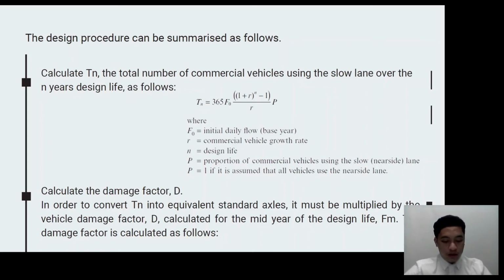Calculate the total number of commercial vehicles using the slow lane over the N years design life. Calculate the damage factors D. In order to convert TN into equivalent standard axles, it must be multiplied by the vehicle damage factors. Damage factors D are calculated for the mid-year of the design life.